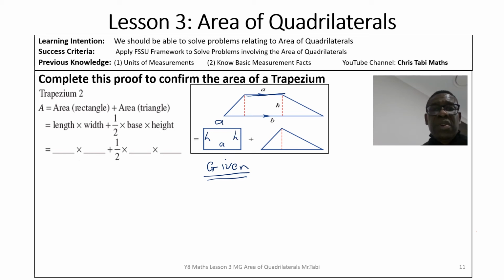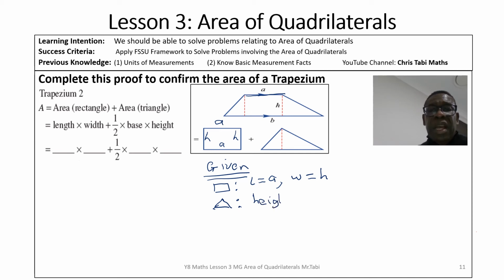So for a rectangle, we know that the L equals a and W equals h. That's the width. Now, what about a triangle? Again, with a triangle, we need base and we need height. We know that the height is very simple.